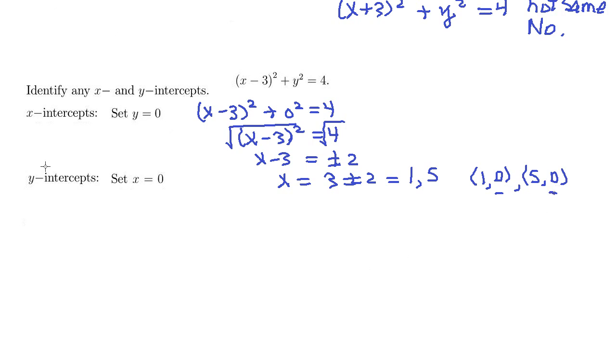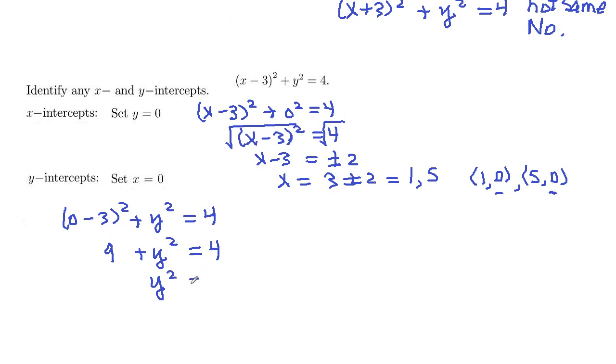And then for our y-intercepts, we are setting x equals 0 in this equation. So we get 0 minus 3 quantity squared plus y squared is equal to 4. And negative 3 squared there is 9. So 9 plus y squared is equal to 4. And then subtract 9 on both sides. So bring that over as a negative. So y squared will be 4 minus 9, negative 5.